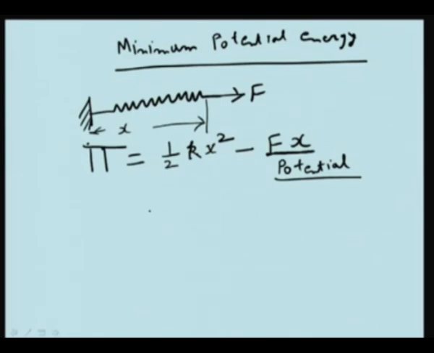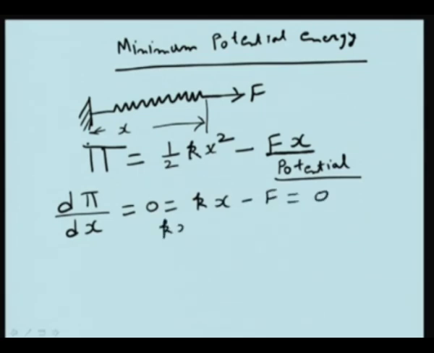So pi is the potential, and the value of x which minimizes the potential energy will be the solution of the problem. For that, the necessary condition is that d pi by dx is equal to 0. Thus, kx minus F is equal to 0, and we get kx equal to F. If the potential energy gets minimized, then it is a stable equilibrium situation.